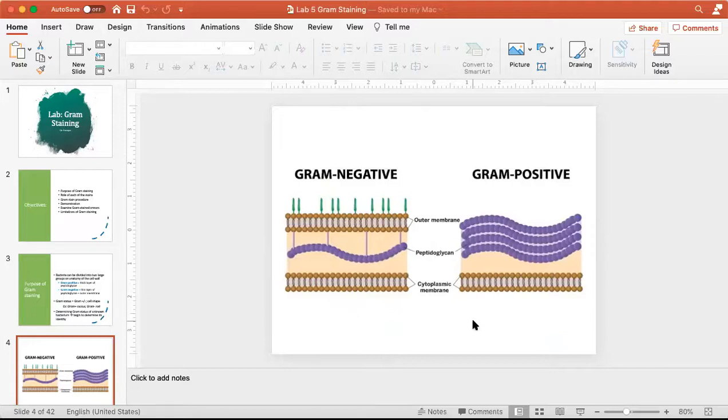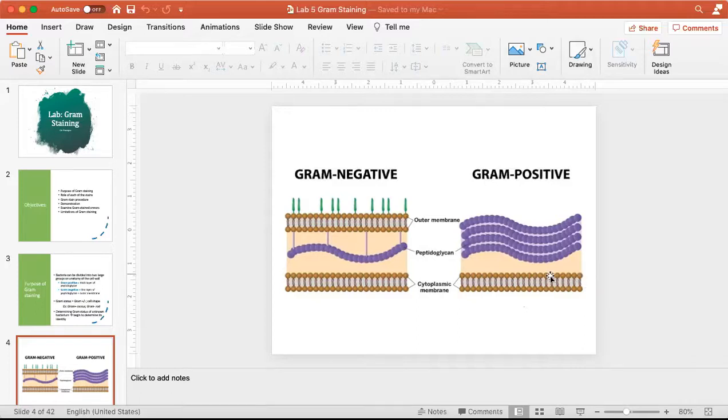Now you have to use your imagination a little bit here. At the bottom over here on the right, this represents a little piece of the membrane around the bacterial cell. So if we drew the whole bacterium, it would not fit on this slide. It would be much bigger than this, but we just cut a little sliver of the membrane and the cell wall so we could look at it in this picture.